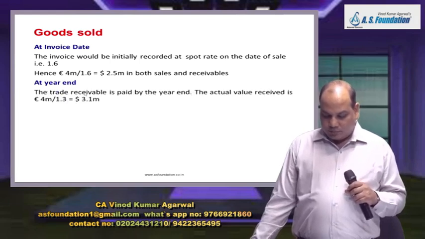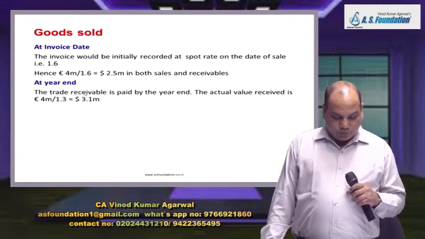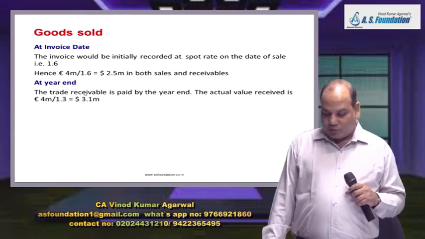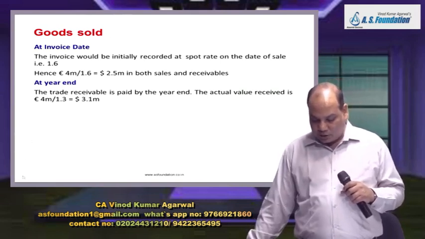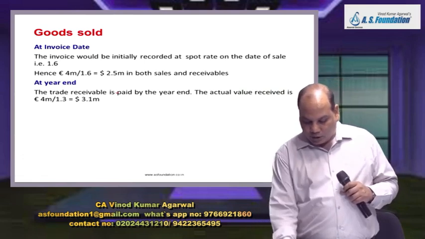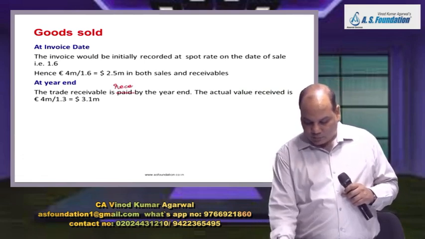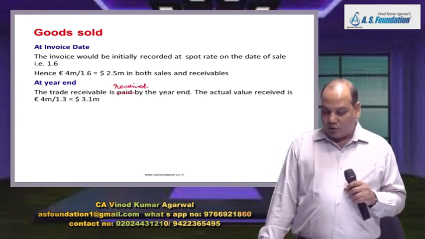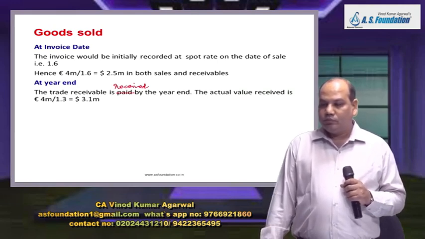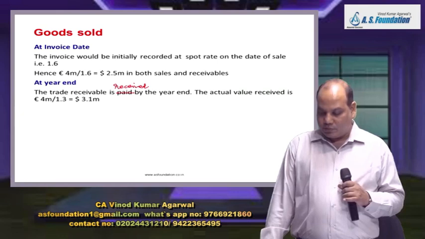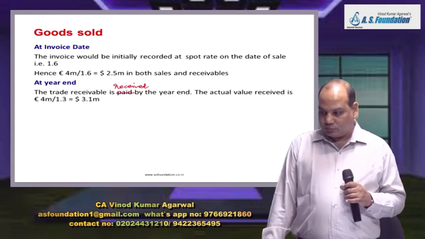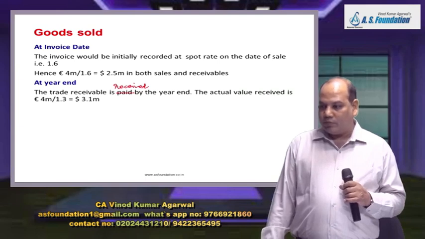Now at year end, you have received the amount. When you received the amount, the rate has changed. So write down the trade receivable is received by the year end. The actual value received is euro 4 million upon 1.3 equal to $3.1 million.